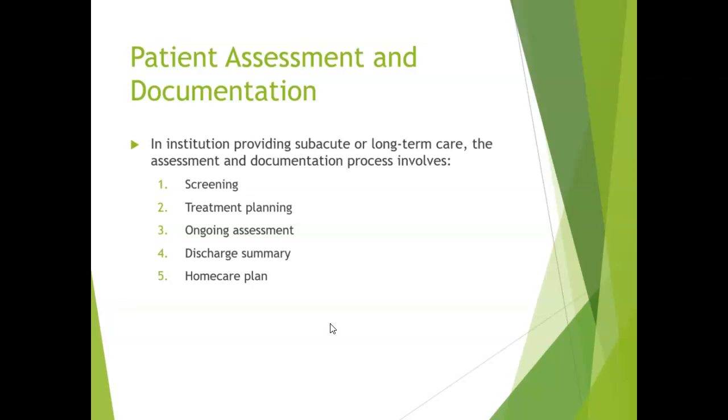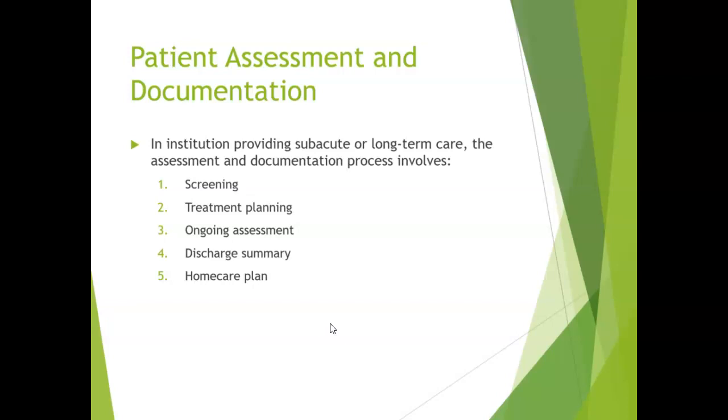After it's initiated, you're going to be doing ongoing assessments, monitoring the patients to be able to document that patient's progress. So there's a lot of summary documentation, and assessment of goals and achievement of goals documentation that goes through that stage.